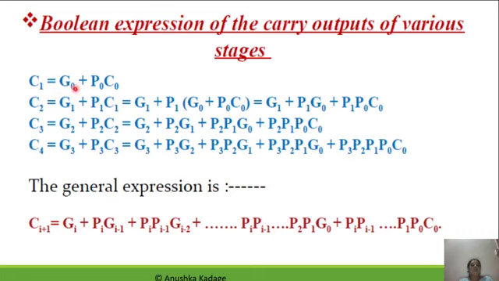That's why here i value will be 0 for each of the G and P indications. For the next bit addition, which is A1 and B1, the i value will be 1, but we are writing the carry out for the next stage, so it is C2. C2 is equal to G1 plus P1 C1.